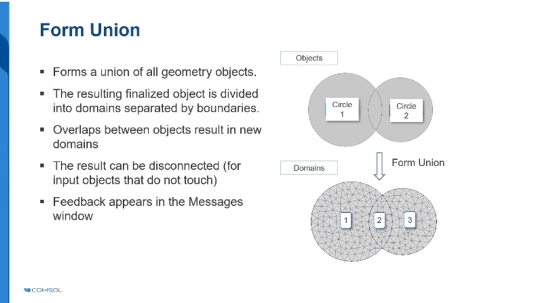At the same time, it also ensures mesh conformity. For example, as you can see over here, we have a mesh in domain 1 and domain 2, but at the internal boundary, the nodes are matching. So when you are using form union, the mesh nodes will match.